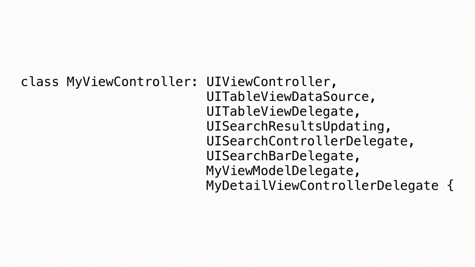I mean, our classes, they do just one thing, right? And they do it well. Oh, Rob. No, this is composition, right? I mean, look, it's composed of data sourcing and results updating and the search bar-ness. And we've got to put this stuff somewhere, right? I mean, what are you going to do?